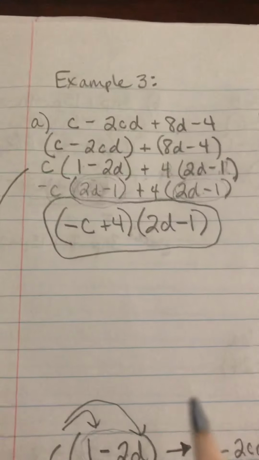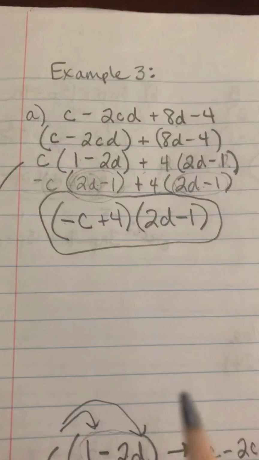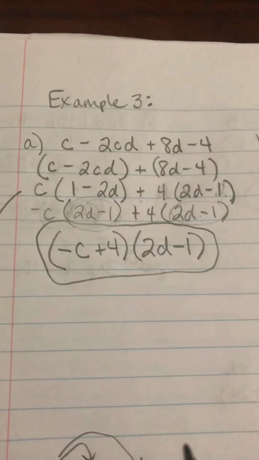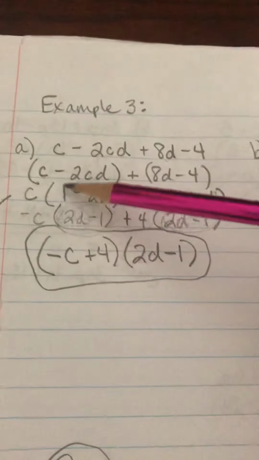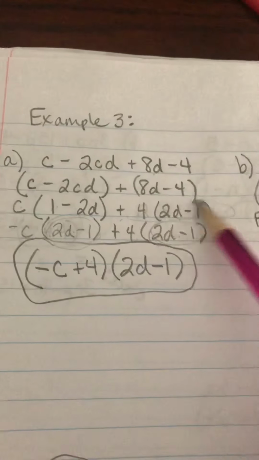So when you're checking answers in the back for some of them, you will see that there are two choices sometimes for answers. What I chose to do here was just one way you could have done it. You could have done that same thing to this part over here, right?